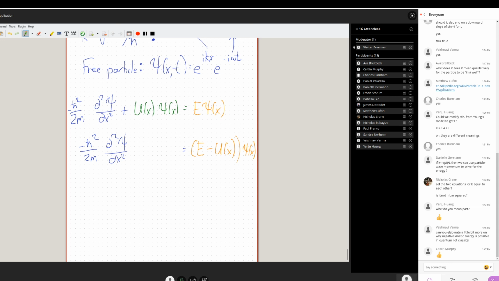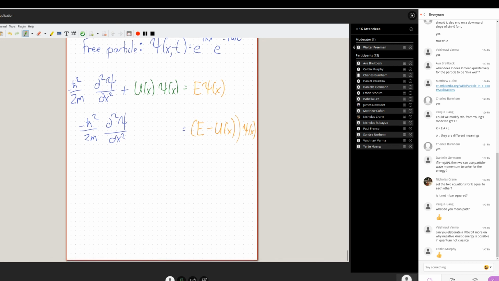So what that means, suppose I have a particle moving in a constant potential. If U is greater than E, then I have, again, I'm being sloppy because I'm in a hurry to let you all out on time, this is a negative value times psi of x.